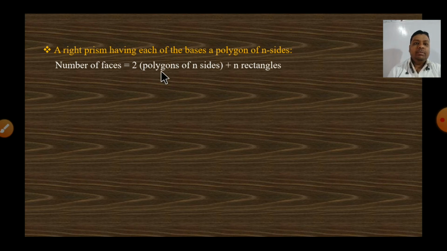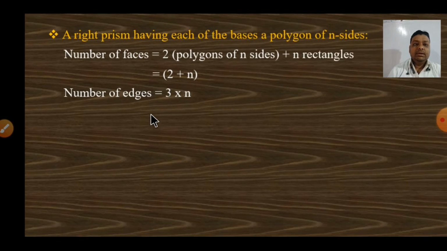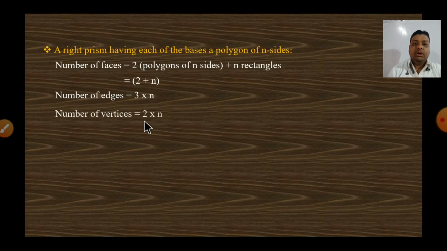So if we take a polygon of n sides, we have 2 bases and n rectangles. So the number of faces will be 2 plus n. Then the number of edges is 3 into n, and the number of vertices is 2 into n. This is the formula.